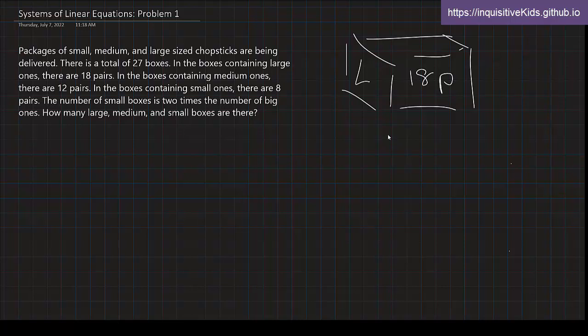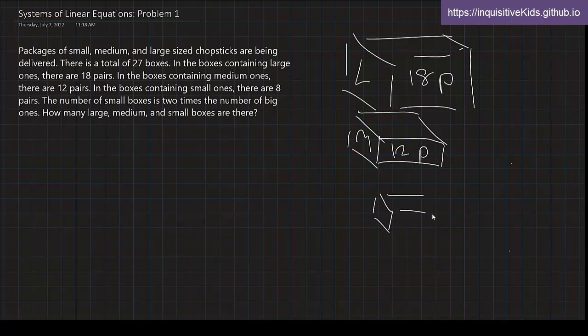There are also boxes containing medium ones, so I guess a smaller box would work, and this is medium with 12 pairs in them. And there are small ones, S, with 8 pairs each. The number of small boxes is 2 times the number of medium ones. How many large, medium, and small boxes are there?